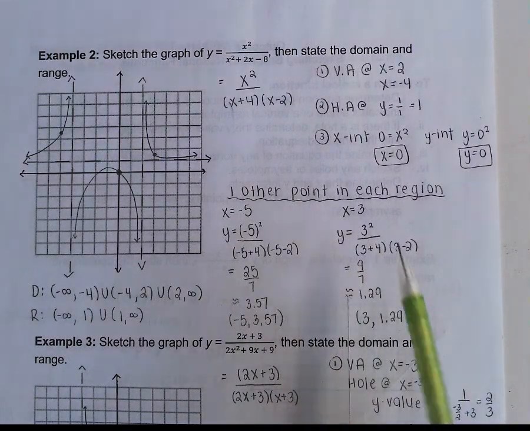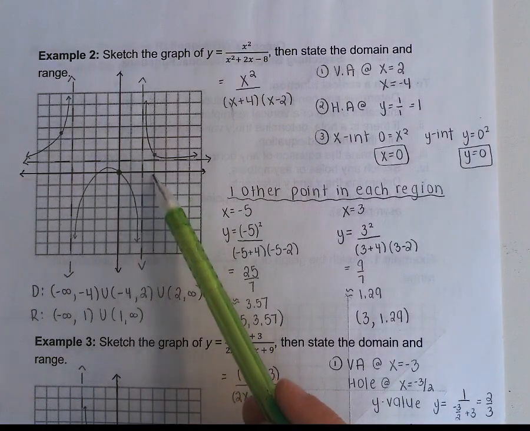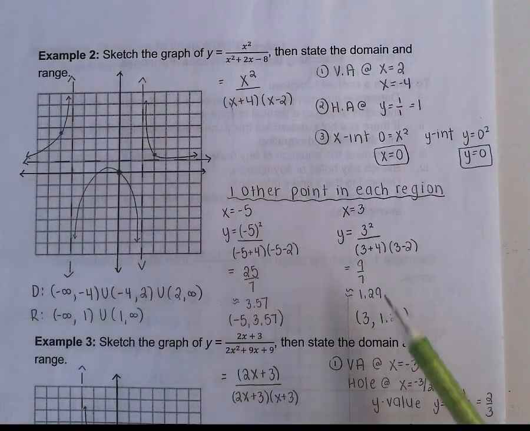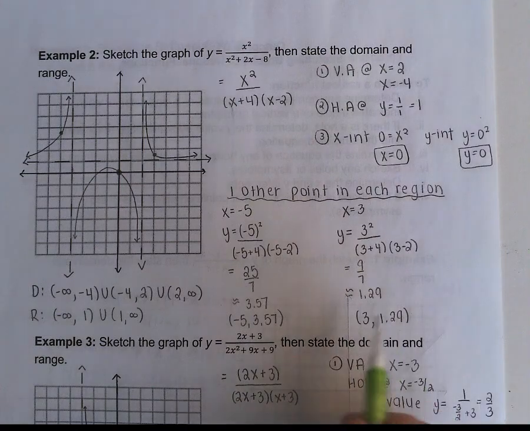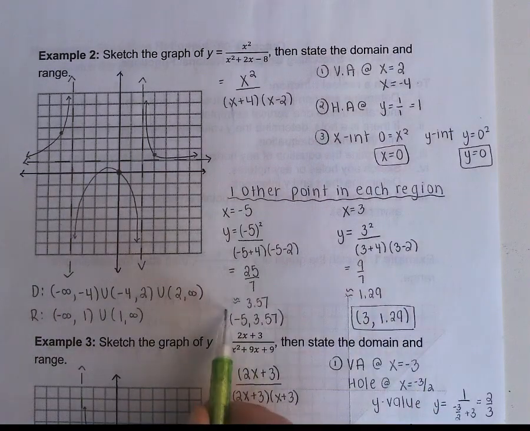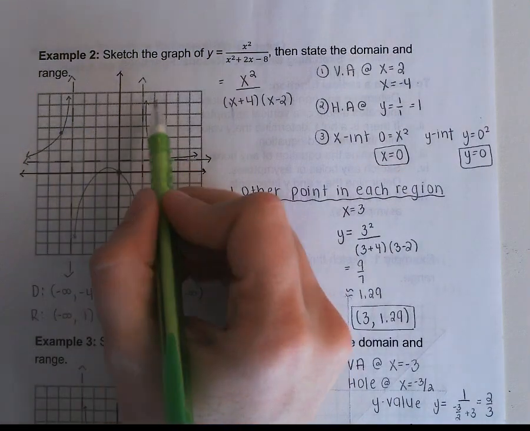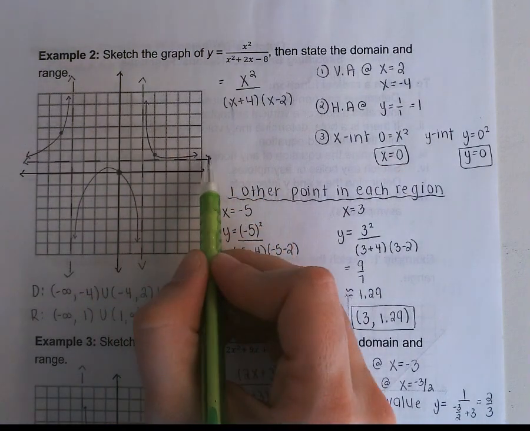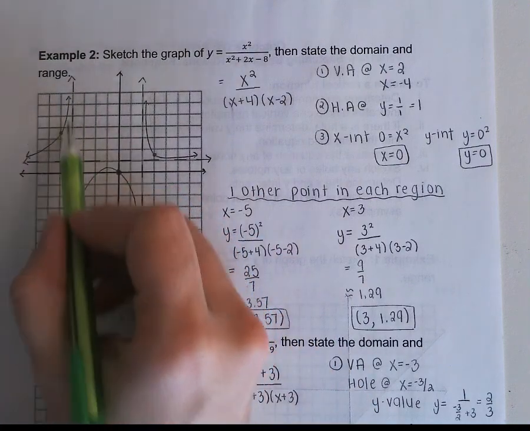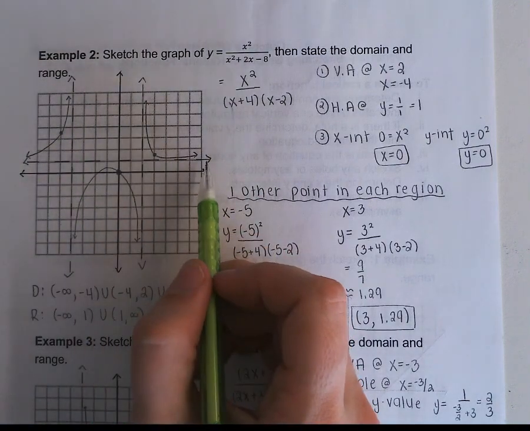When I plug in x equals 3, which is just to the right of this asymptote, I get a y value of approximately 1.29. So these 2 points I can plot on my graph here, and then I know this general shape is going to come down and curve towards the asymptotes.